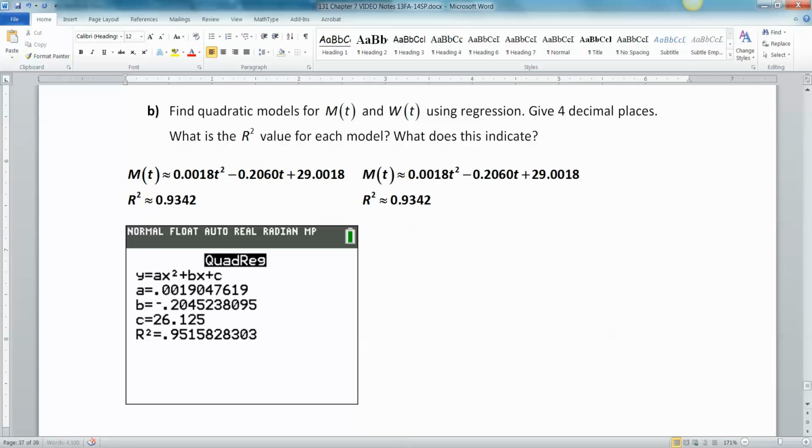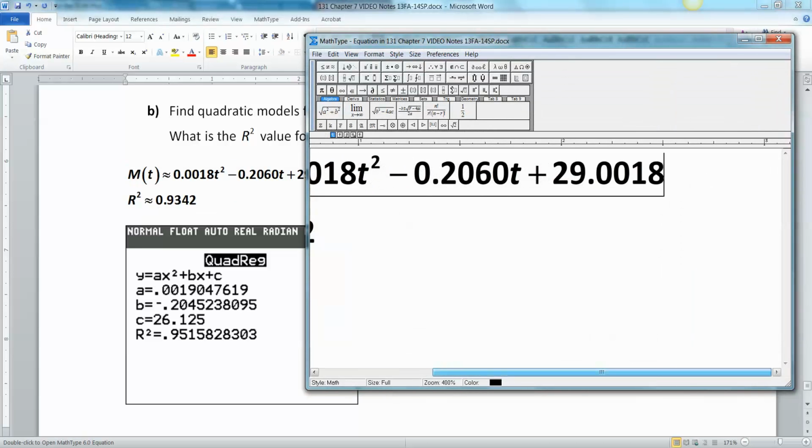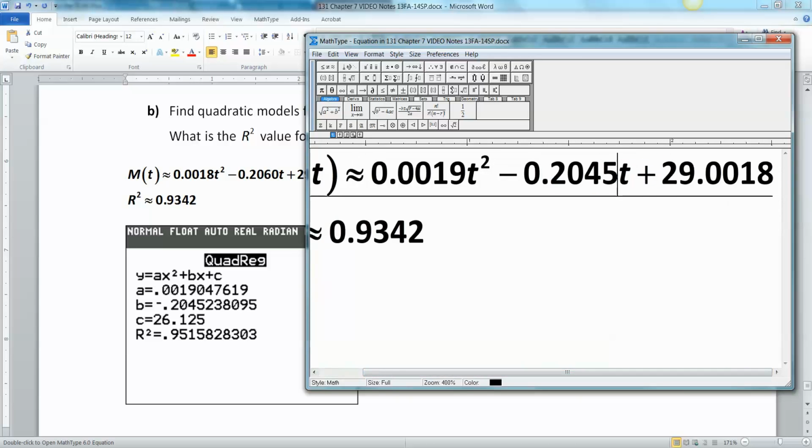Okay, so let's go back here and type up what the women model was. W of t is equal to 0.0019 t squared minus 0.2045 t plus 26.125. There we go. And r squared was 0.9516.